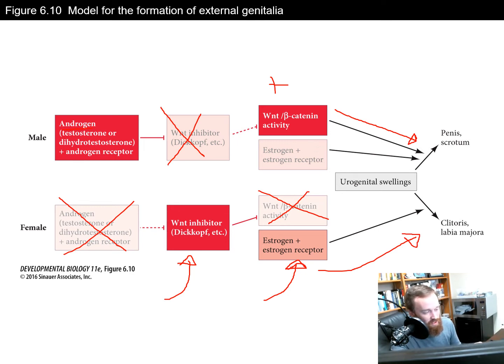So it's a simple switch or a simple model: if you have androgen, you block WNT inhibitors and allow the natural activity of WNT and beta-catenin in males. If you don't have androgen, you don't block the WNT inhibitors, and that allows estrogen and estrogen receptors to be active and develop female external genitalia.